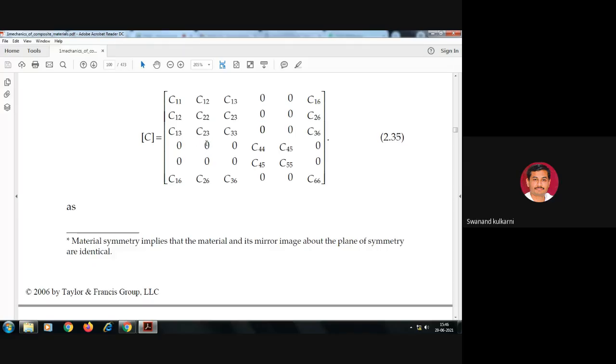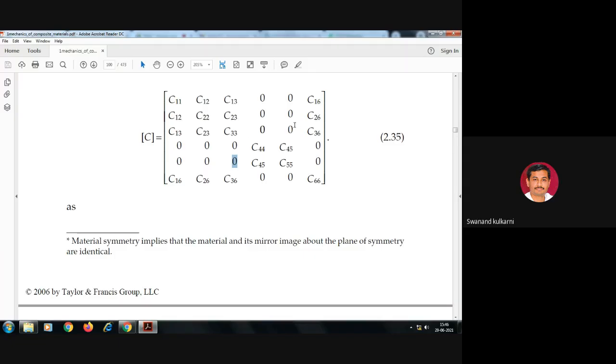So like this, these two elements will be considered 0, C25, and here it is C25. Those two corresponding elements we also consider to be 0. C34 is present here, and C35 here is considered C35. The corresponding elements are equal to 0 here.